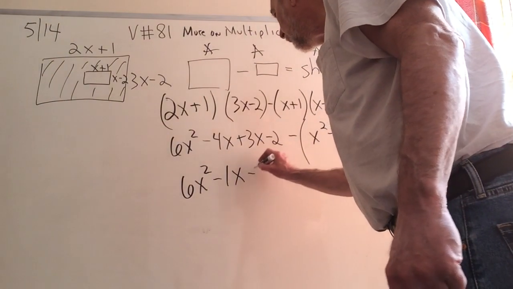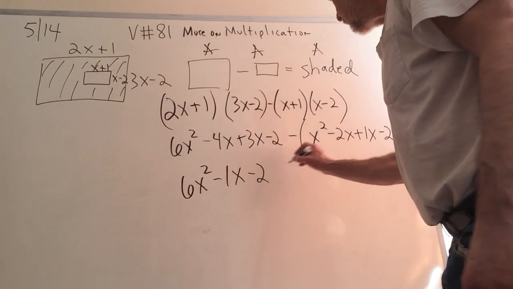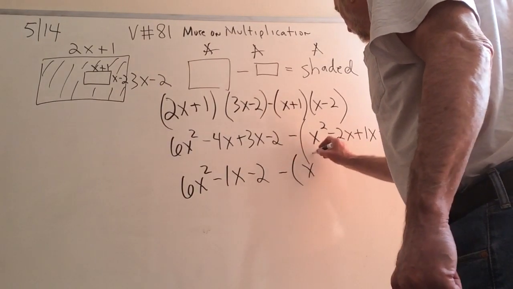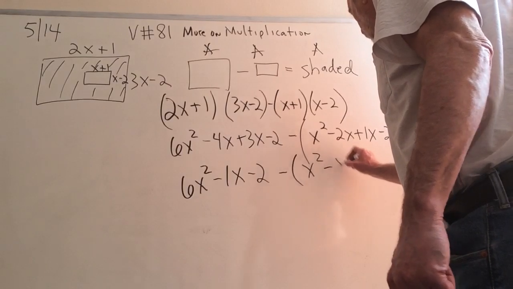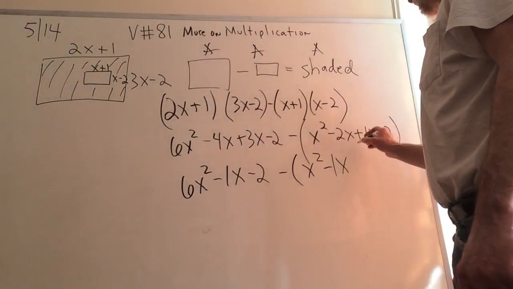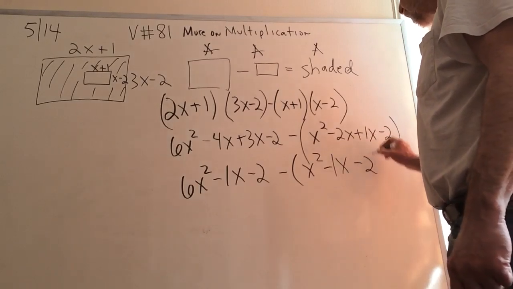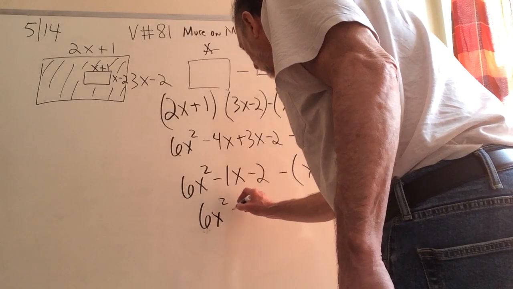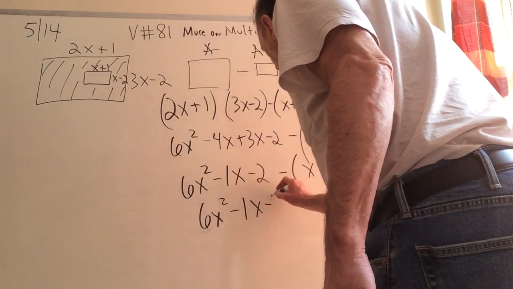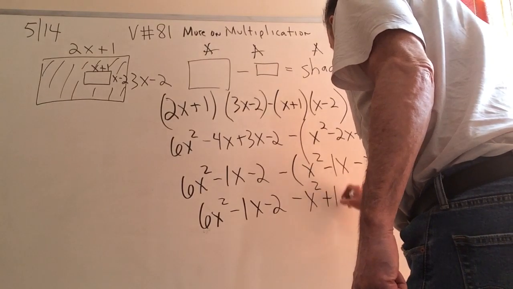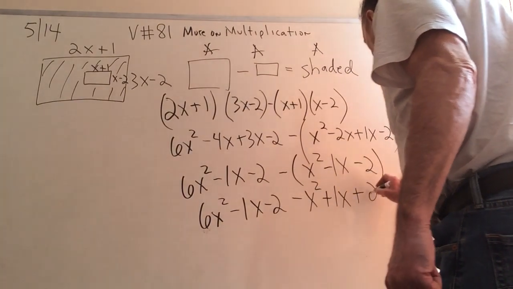The opposites, we'll put these middle terms together. Some of the weaker students might really want me to do that. And there we go. That's minus 1x minus 2. Take your opposites, and you get 6x squared minus 1x minus 2. And there are your opposites, plus 1x plus 2.